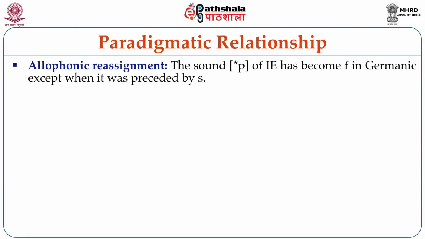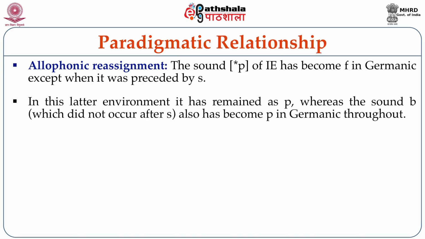The third type, allophonic reassignment. The sound Pa, the proto-Pa of Indo-European, has become Fa in Germanic, except when it was preceded by Sa. In this latter environment, it has remained as Pa, whereas the sound Ba, which did not occur after Sa, also has become Pa in Germanic throughout.